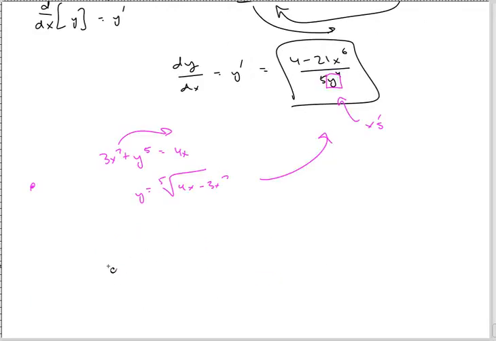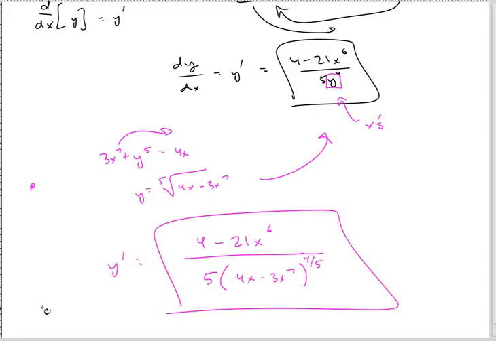So your y prime, if you want only x's, is 4 minus 21x to the 6, all divided by 5 times the fifth root raised to a fourth power, so it's going to end up as the 4/5 power. And there you go. There's your answer with only x's. Now, I have that as answers occasionally, like on the next problem here, I have the same thing.